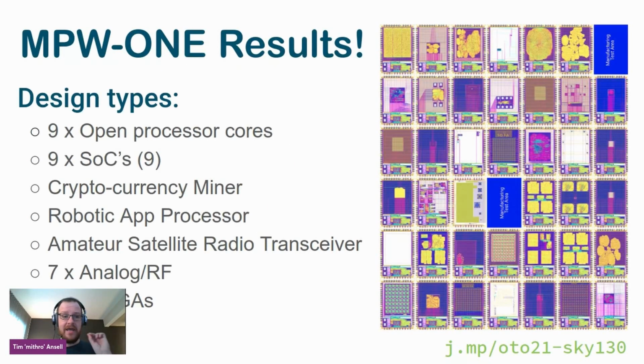And it covered a huge range of different types of designs. I was honestly surprised at how much variance there was in what people were doing. There was a lot of SOCs, that was expected, but there are also things like amateur satellite stuff, robotics apps, things like this.